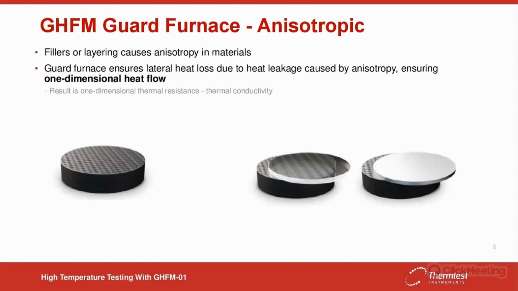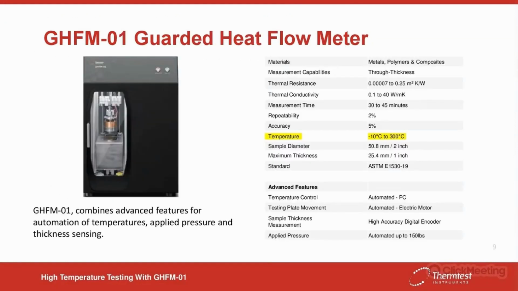Now let's talk about the GHFM 01 guarded heat flow meter. We're here talking about the temperature function of this meter. With this model, we can test up to 300 degrees, of course, below ambient as well. There are other functions of this method that make it quite advanced and convenient.